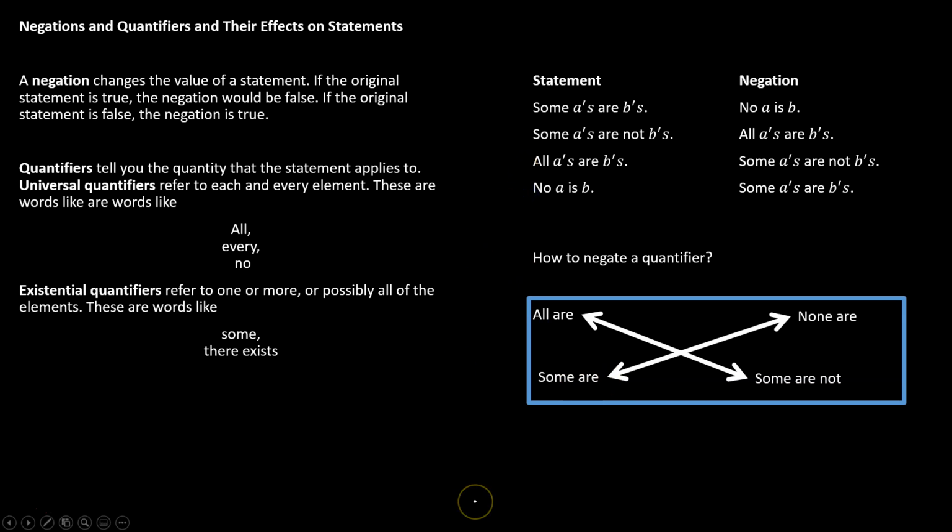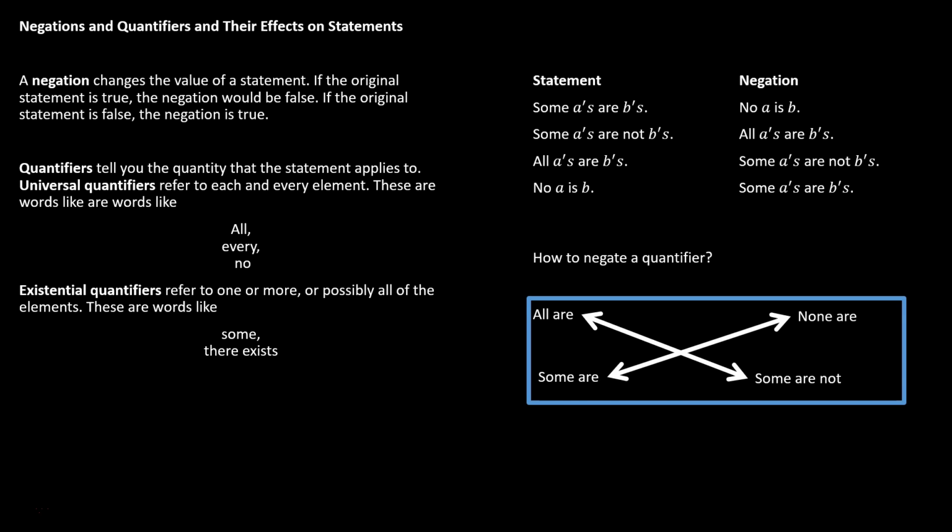Now, quantifiers and the negations can be a bit tricky. In fact, if you've ever taken a logic class, this is something that many students struggle with. So try not to get too overwhelmed with statements, quantifiers, and negations of those quantifiers. We have this little table that will help us sort it out, and that should be decent to help us get through the section.